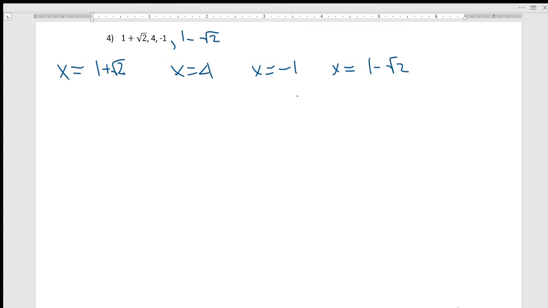All right, I'm going to switch colors here for the solving so you can see what's happening. On the first zero, we're going to subtract the 1 and the root 2 from both sides, and we get x minus 1 minus the square root of 2 equals 0. We'll subtract the 4 from both sides, and we get x minus 4 equals 0.